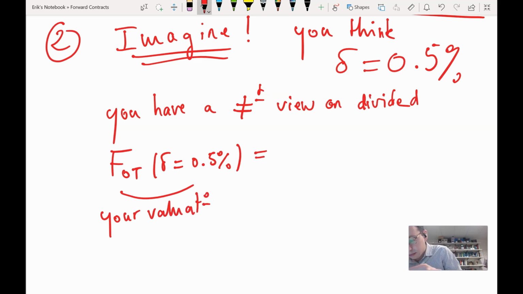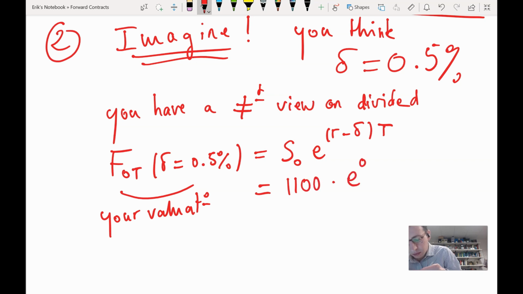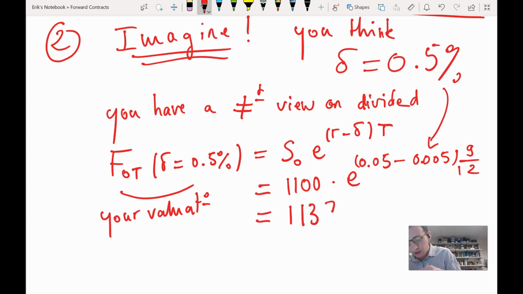We're just going to apply the formula, but now we replace delta by your value of delta: 1100 times exponential of 0.05, the interest rate, we'll still agree on the interest rate, hard to disagree on that, minus now 0.5%, that's your view on delta, times 9/12, and that gives you a value of 1137.